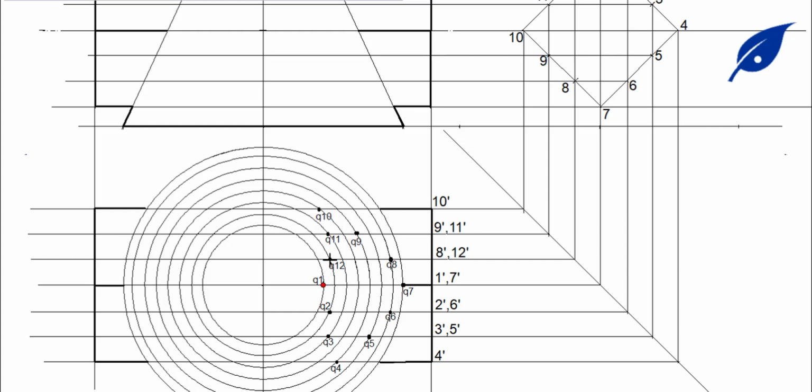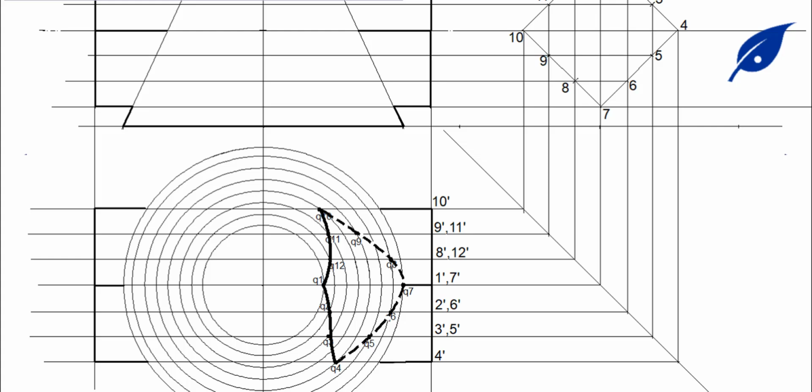meet the extended lines. And where they meet, we'll connect those points, which were given to us as Q1, Q2 up to Q12. Those points, we connect them.